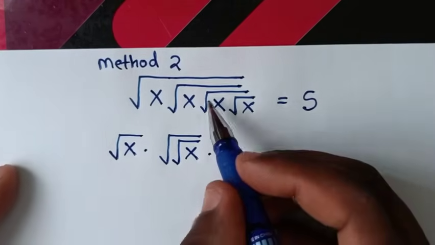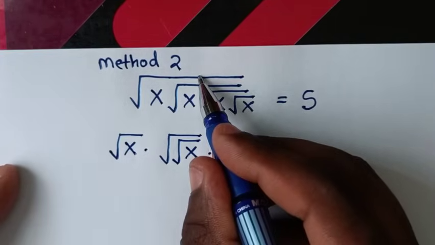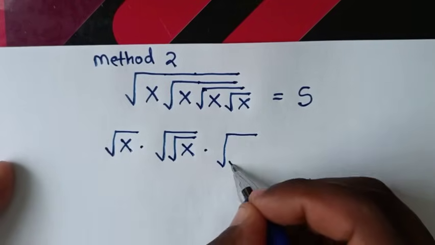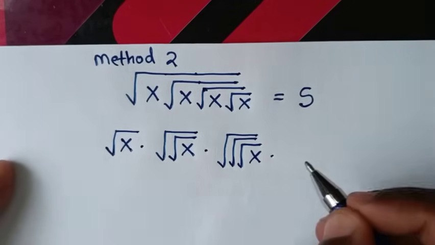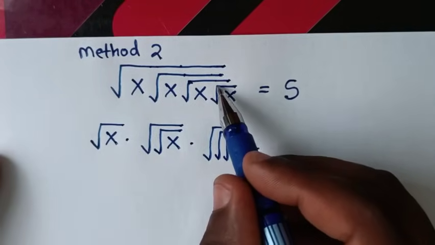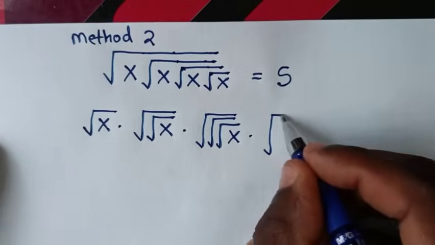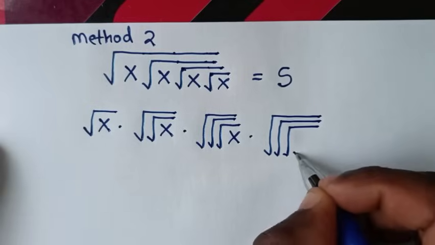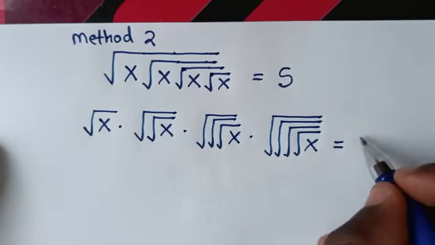Then times this square root of x, it is under this square root and this square root, so we have 3 square roots, so it will be square root and a square root and a square root of x. Then times this square root here, we have 1, 2, 3, 4 square roots, so it will be square root and a square root and a square root and a square root of x is equal to this 5.